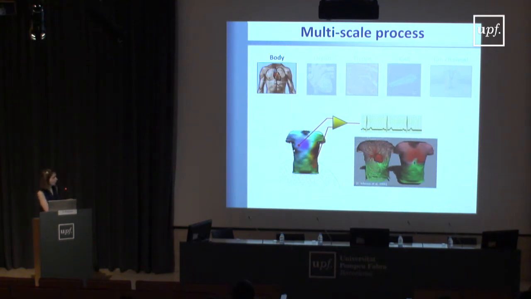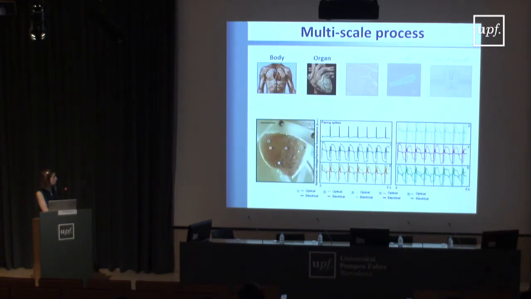Basically, we have this electrocardiographic signal here, which comes from measuring the difference in voltage between what is recorded by two different electrodes. Of course, in order to have this electrocardiographic signal in the torso, we need a source that is producing this electrical field, which is the heart.